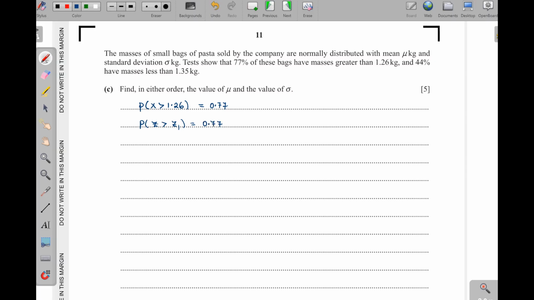Now here I'm going to have my z1, which has to be equal to the phi inverse of this 0.77. I'm supposed to go into the normal distribution table. In the body, I look for the 0.77.